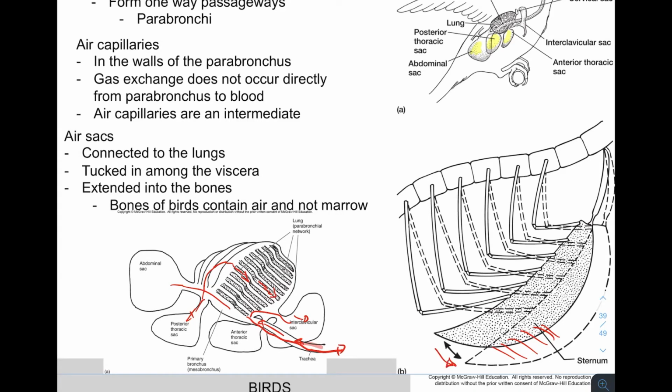And that swinging mechanism will be where their aspiration pump comes from. Also, they will have their ribs with uncinate processes, and the muscles that attach to these uncinate processes also are going to help with this swing and with the expansion of the ribs outwards and inwards.